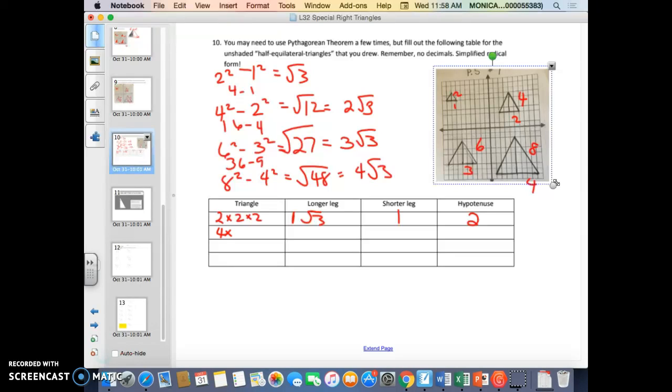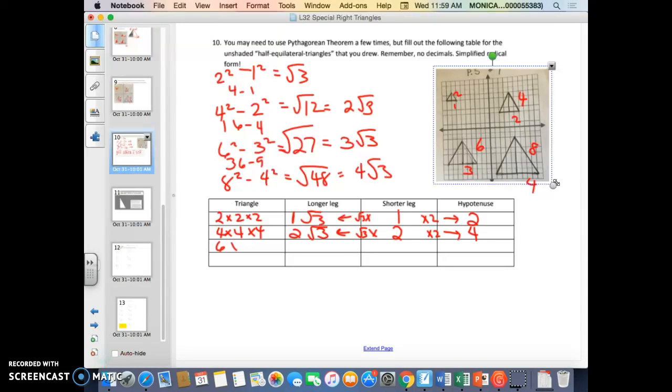So this is a 4 by 4 by 4. The long leg was 2 times the square root of 3. The short leg was 2, and the hypotenuse was 4. So it looks like you're multiplying this times 2 to go this way, and you're multiplying this times the square root of 3 to go the other way.